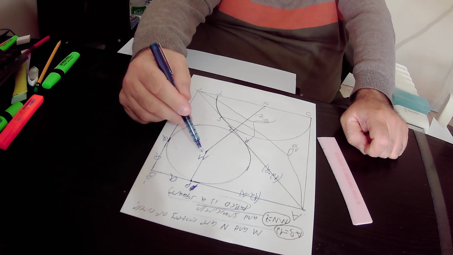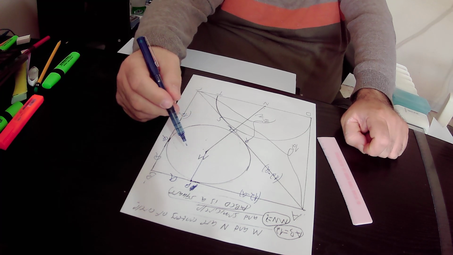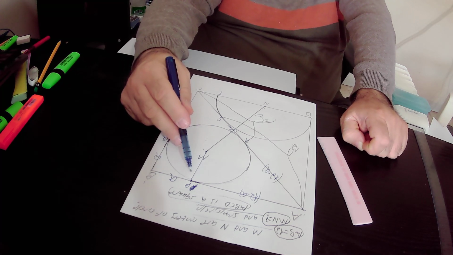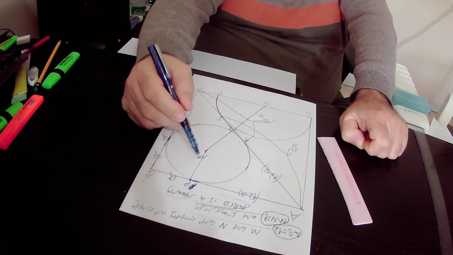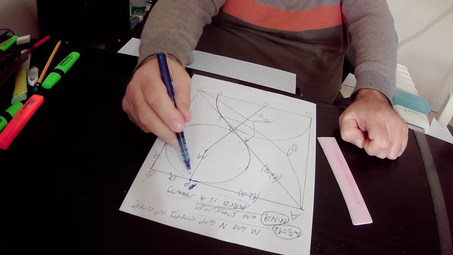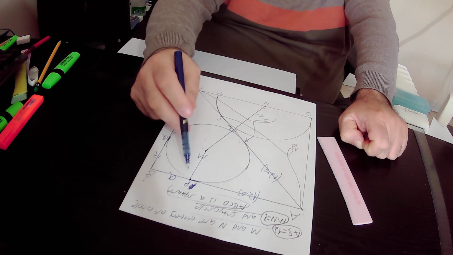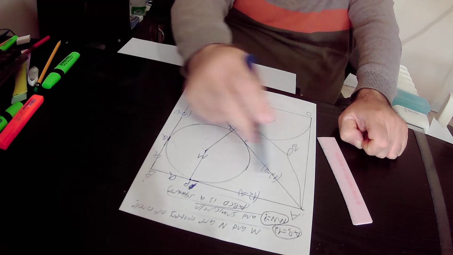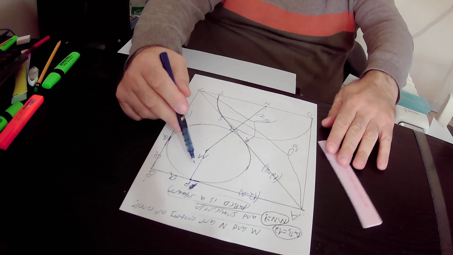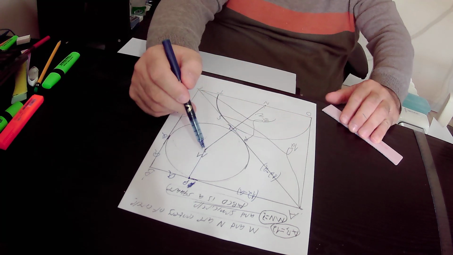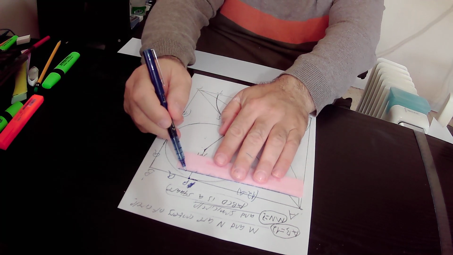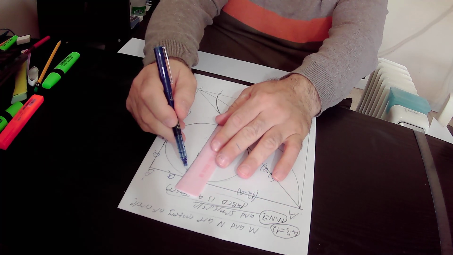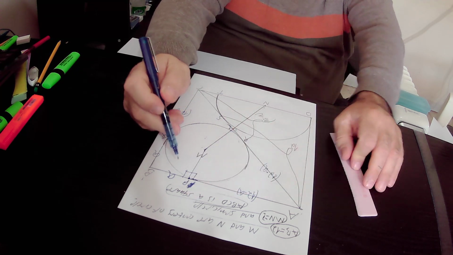Therefore, MP is the radius of this circle, and the radius MP is drawn to the point of tangency, that is to say, to point P, the point of tangency of tangent AB with this circle. Therefore, the tangent AB will be perpendicular to the radius PM. AB will be perpendicular to PM, that is to say, this angle will be equal to 90 degrees, and this angle will also be equal to 90 degrees.